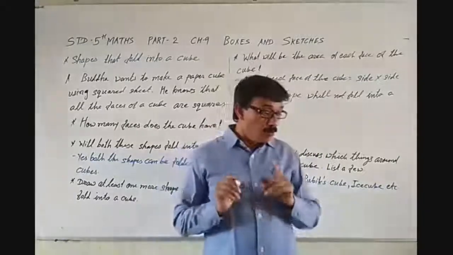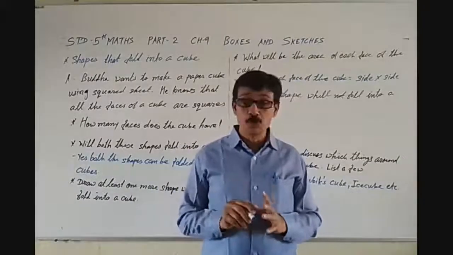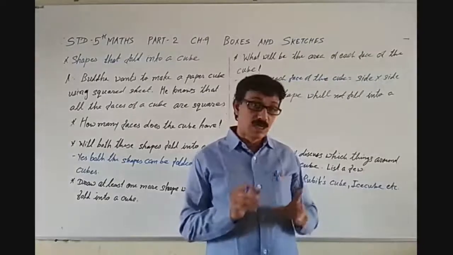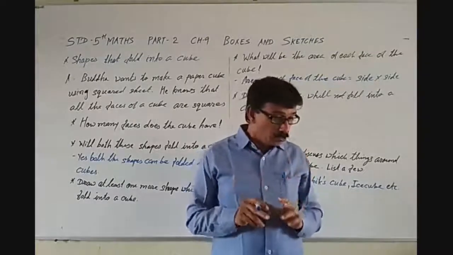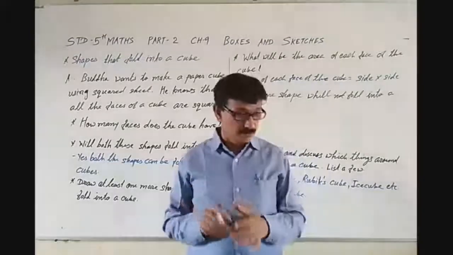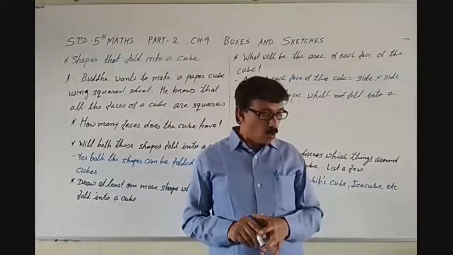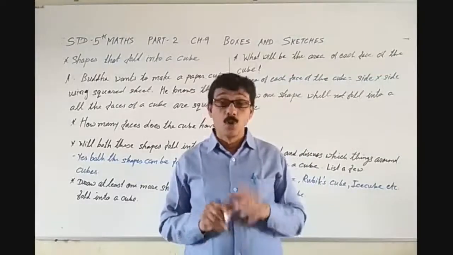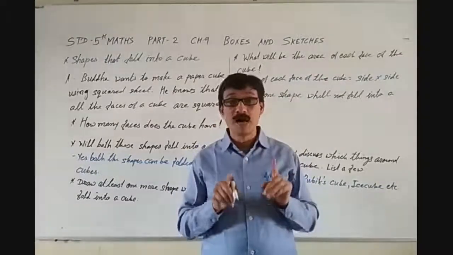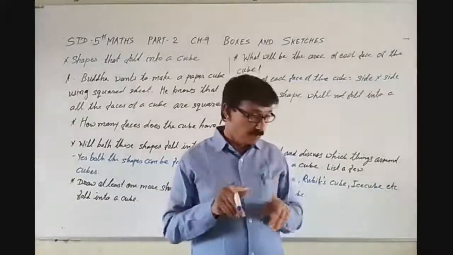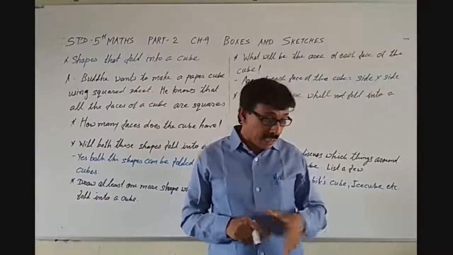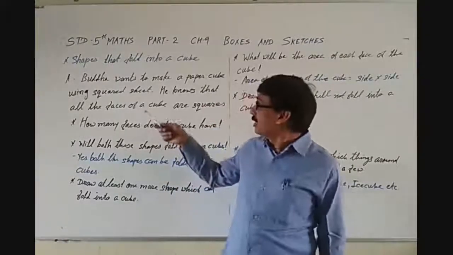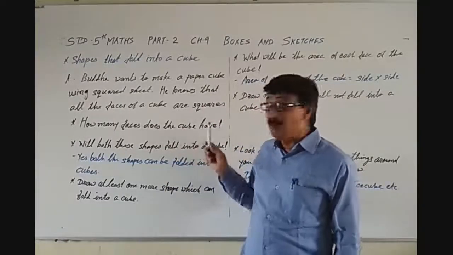A. Buddha wants to make a paper cube using a square sheet. He knows that all the faces of a cube are squares. And now there is a question: how many faces does the cube have?